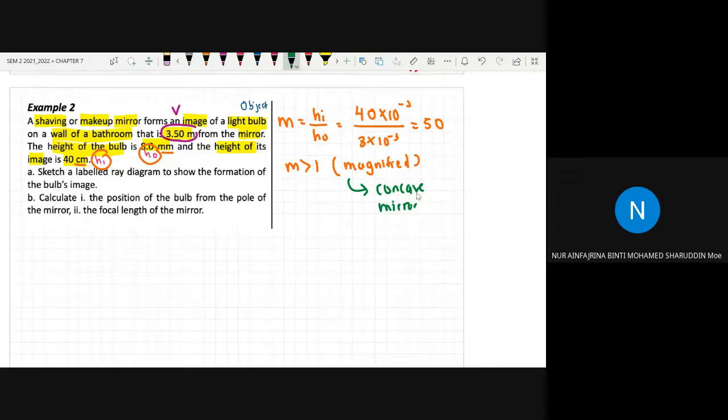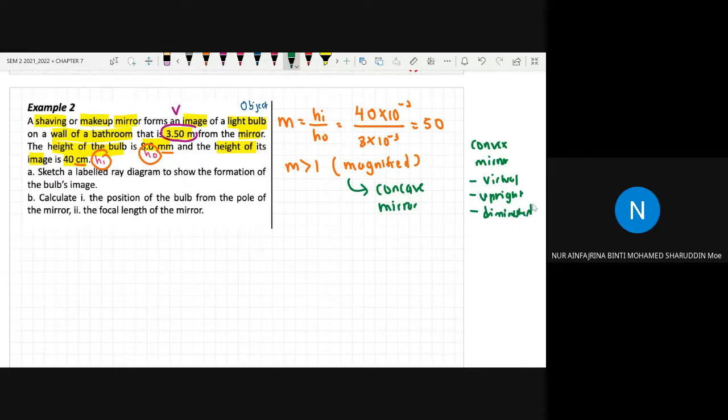Okay, dengar sini ya semua. Dia bukan convex mirror, sebab characteristic of convex mirror is the same. Kalau convex mirror, dia punya characteristic of image adalah sama. Maksudnya dia adalah virtual, dia adalah upright, dia adalah diminish.